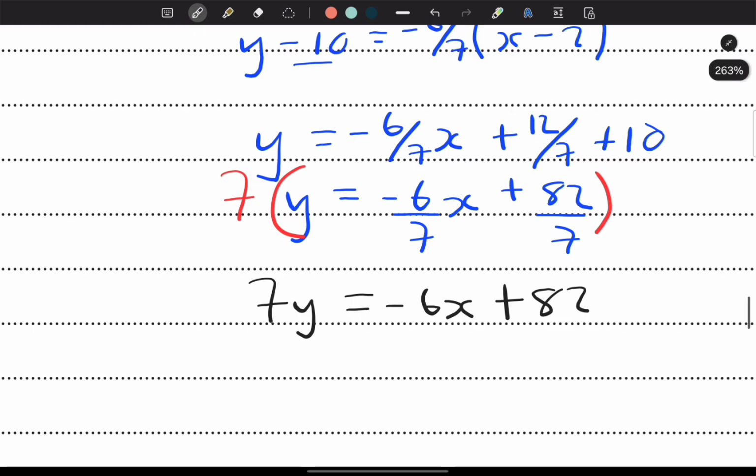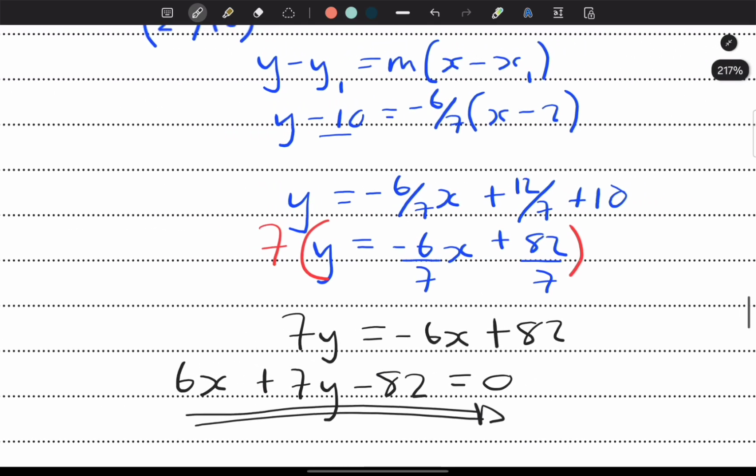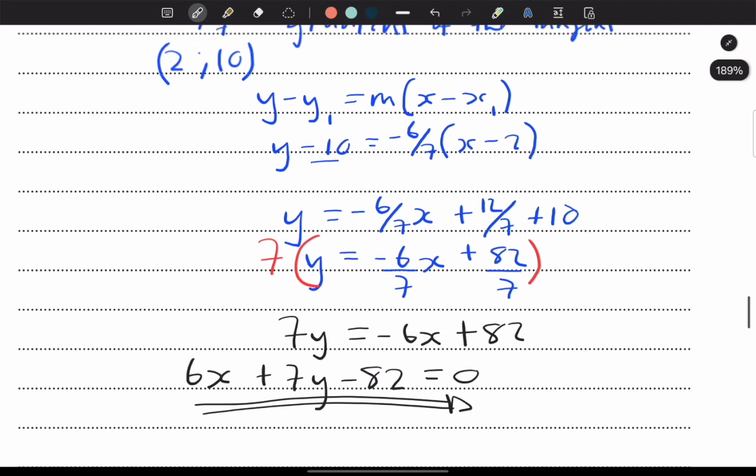And taking everything to the left-hand side, we get 6x plus 7y minus 82 equals 0. And this will be the equation of the tangent in the required form.